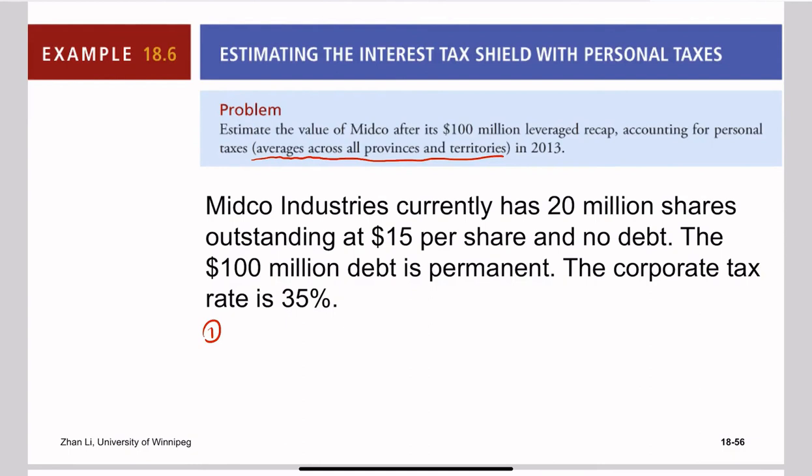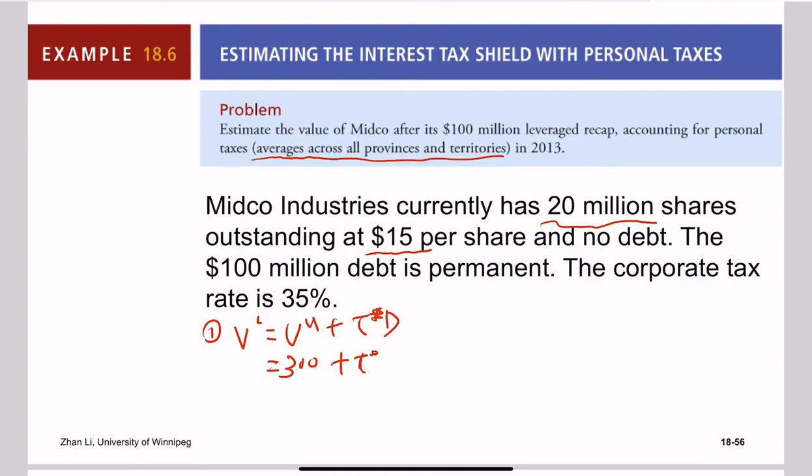Well, we will just use this formula here. Now, what is VU? Well, VU is just $300 million. That is 20 million shares times the share price. And debt, we know there is $100 million debt.